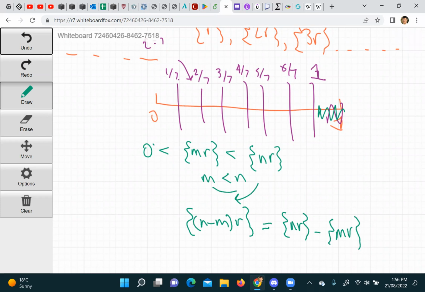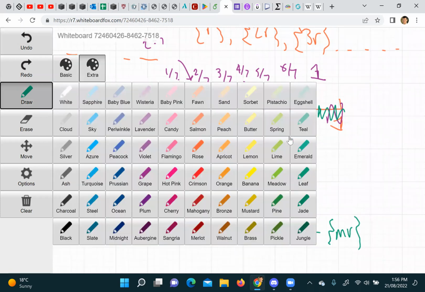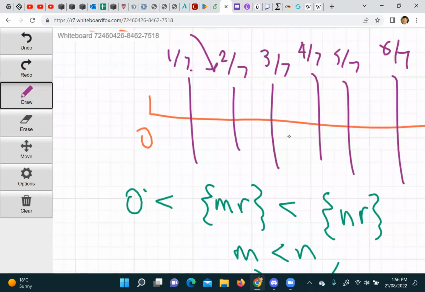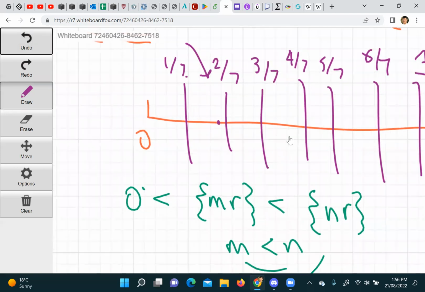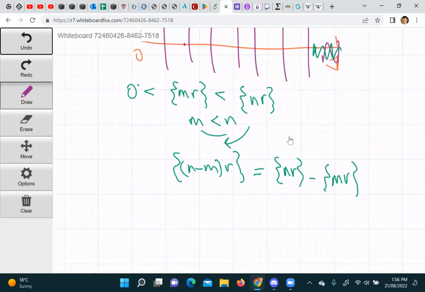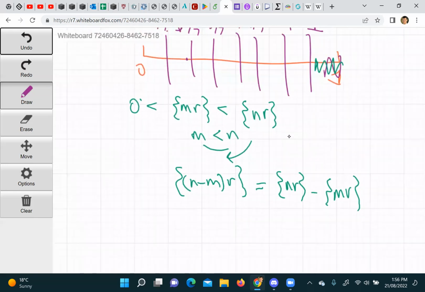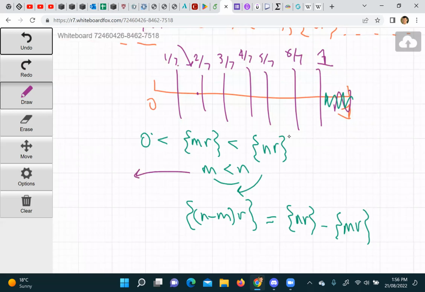One complication is what happens if the numbers go down, for example if this was r, this was 2r, this was 3r. That's not ideal, but there is a fix. If m is less than n, but the fractional part is going in the wrong order.